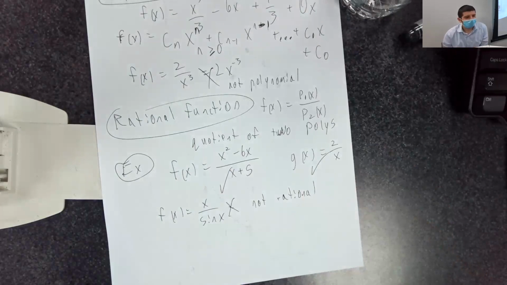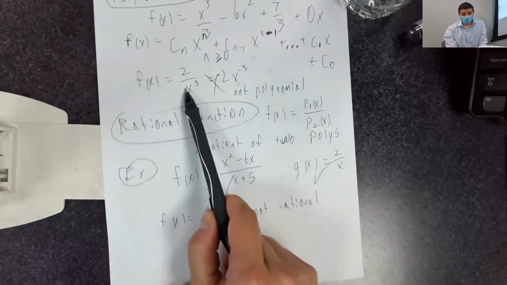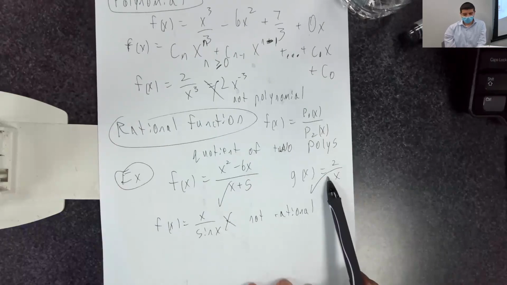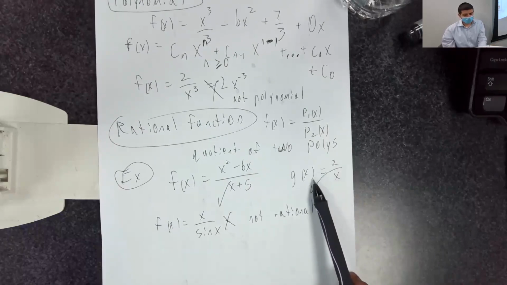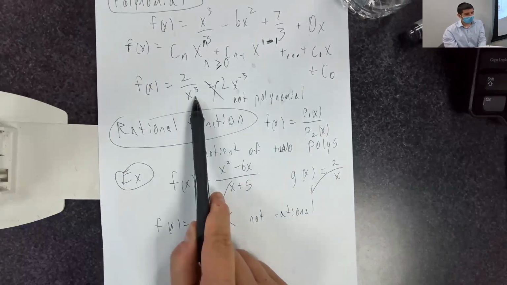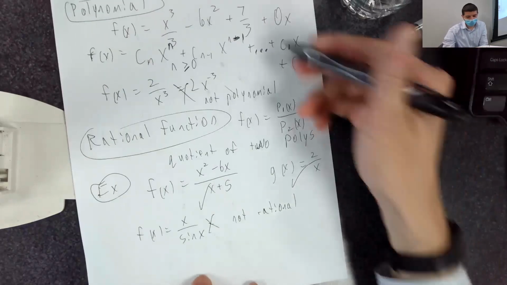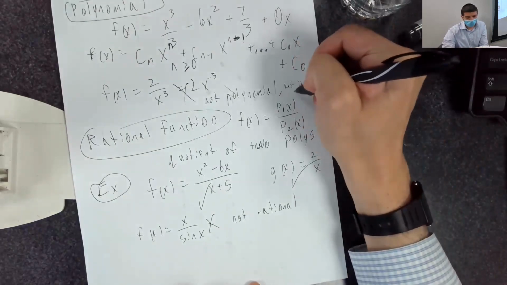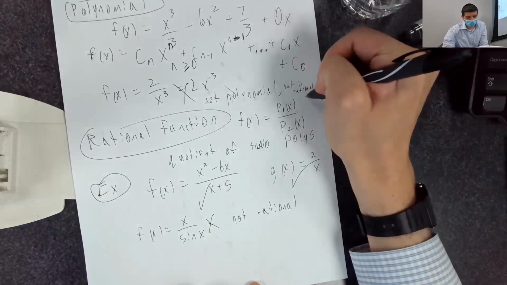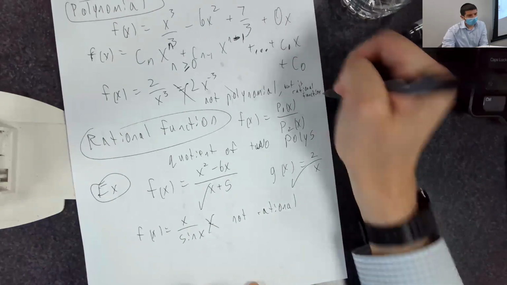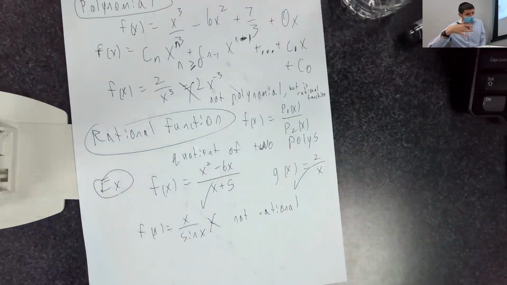No question. Could I ask why 2 over x is a polynomial with 2 over x cubed? Let's see. No, you're right, maybe I just misstated it. 2 over x cubed is not a polynomial, but it is a rational function. And 2 over x is not a polynomial, but it is rational, because rational functions are allowed to have a denominator that's a polynomial.